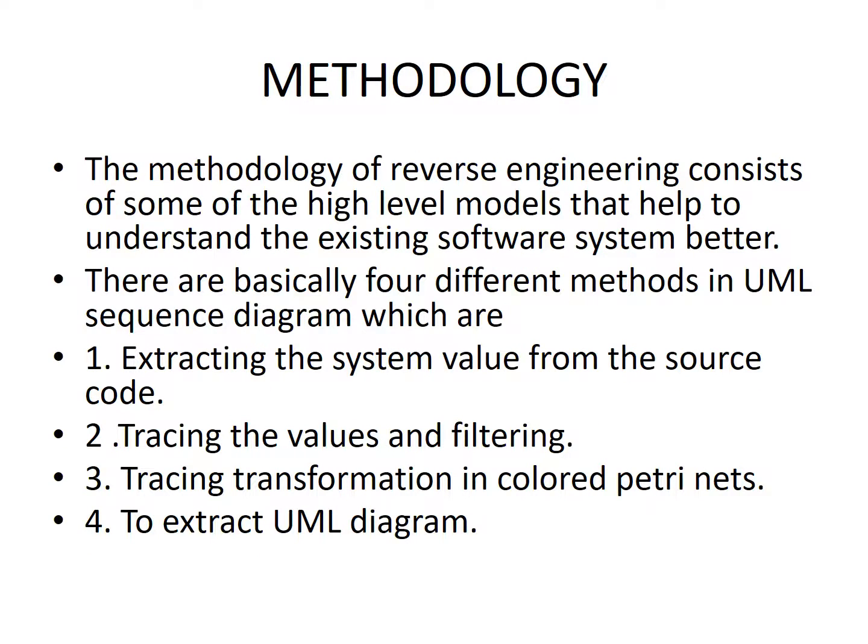Coming to methodology. The methodology of reverse engineering consists of some high-level models that help to understand the existing software system better. There are usually 4 different methods in UML sequence diagram, which are extracting the system values from the source code, tracing the values and filtering, tracing transformation in color pattern nets, and extracting the UML diagram.